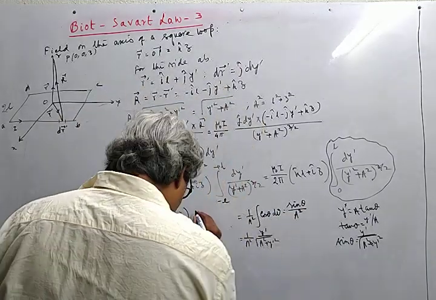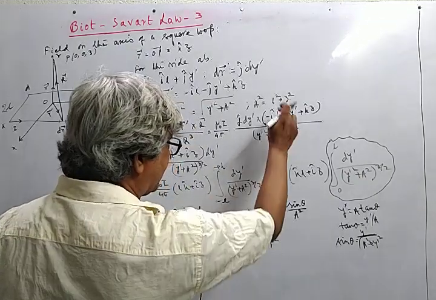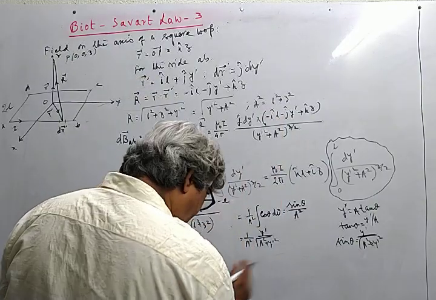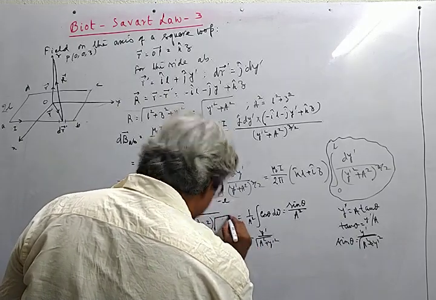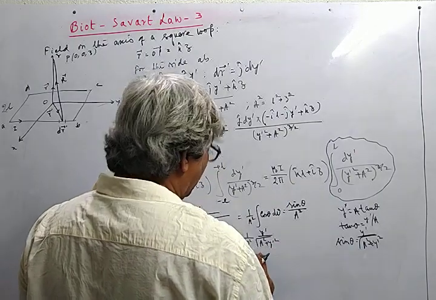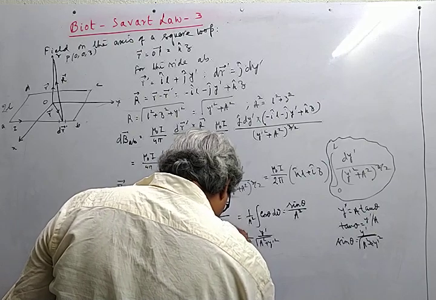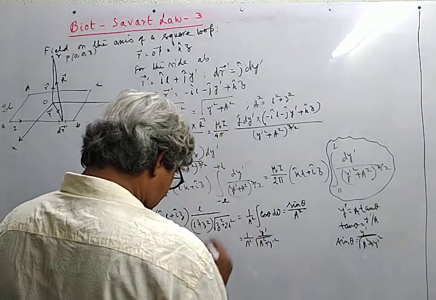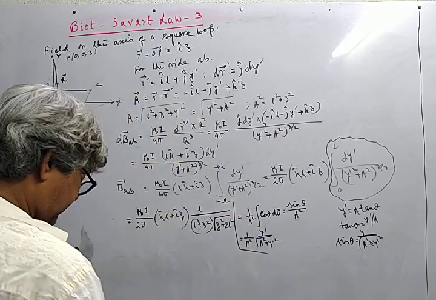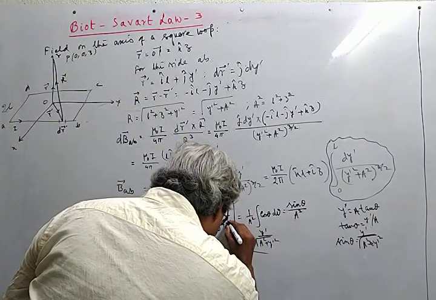In the numerator we will have L, and in the denominator we will have a square. For a square we write L square plus Z square, and for this part we write, already it is L square plus Z square, and another L square will add, so this is Z square plus 2L square.